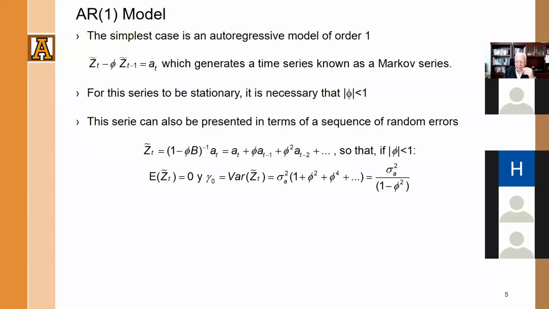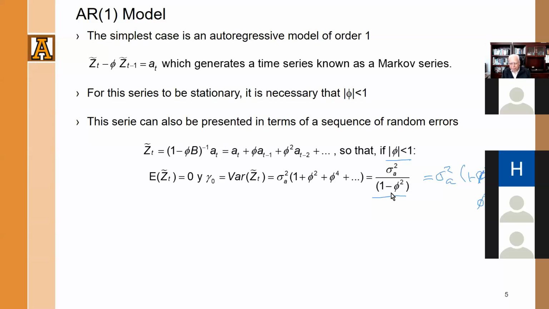And that is exactly the same as sigma squared sub a divided by 1 minus phi squared, that is, sigma squared sub a times (1 - phi squared) to the minus 1. Because if phi is less than 1 in absolute value, definitely phi squared is going to be less than 1, so I can express this polynomial as (1 - phi squared) inverse.